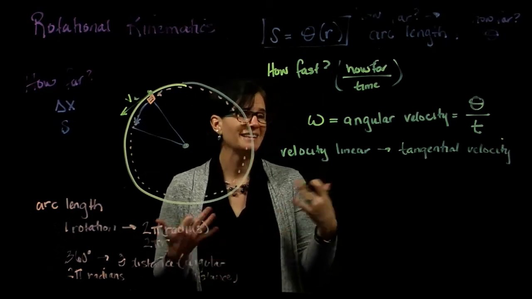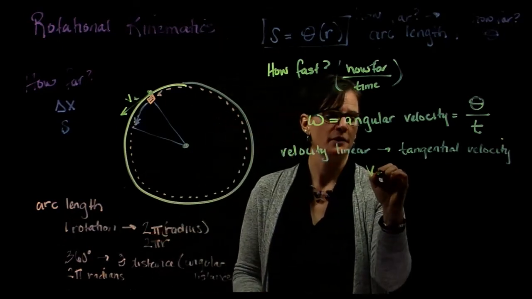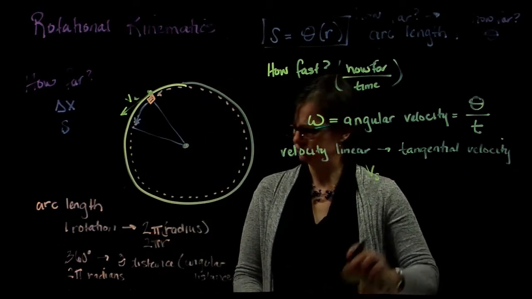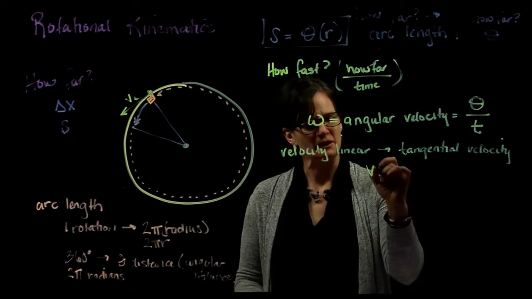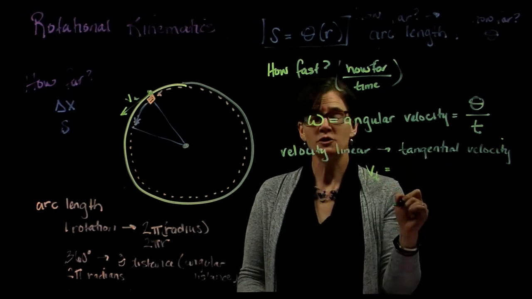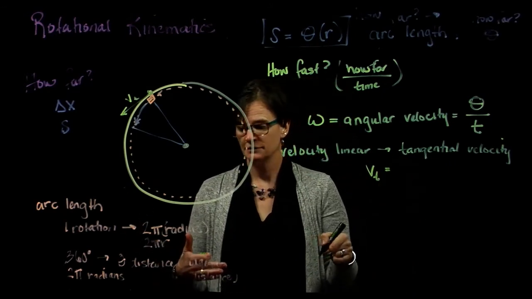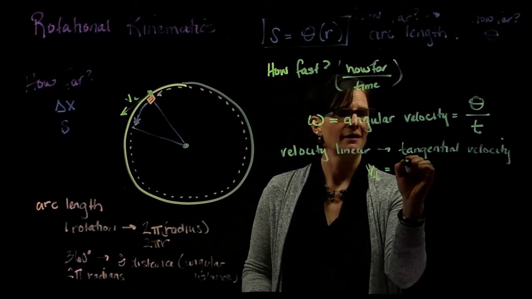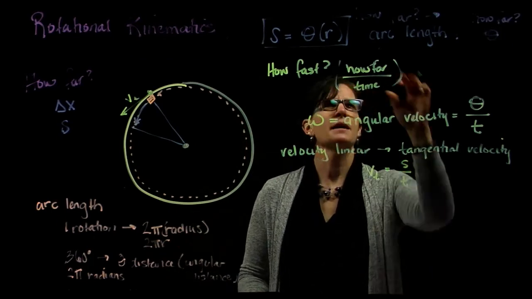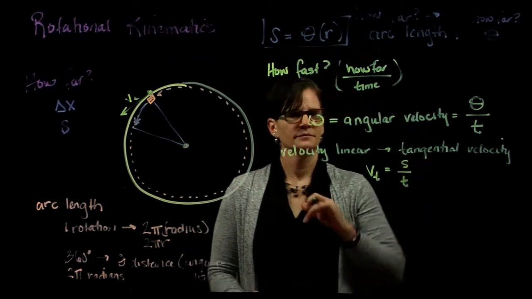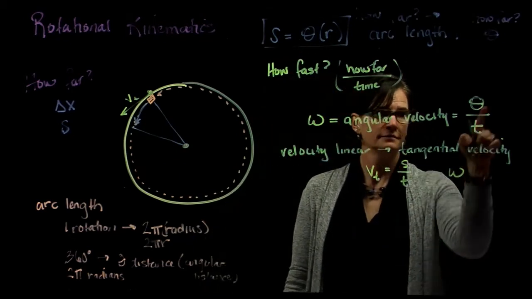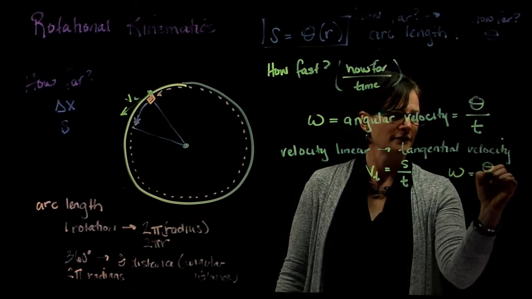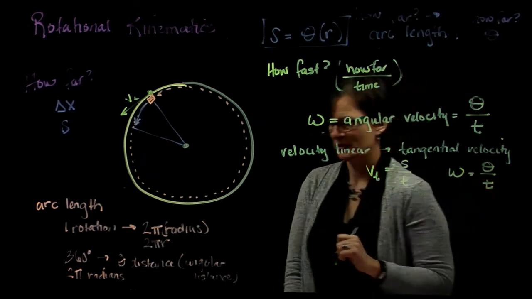We know that in general, linear velocity, remember, is, I put an S in there, sorry. Our tangential should be a T, is going to be the distance traveled in the amount of time. So our arc length in the amount of time. All right? And we know that omega is our angle traveled in the amount of time.